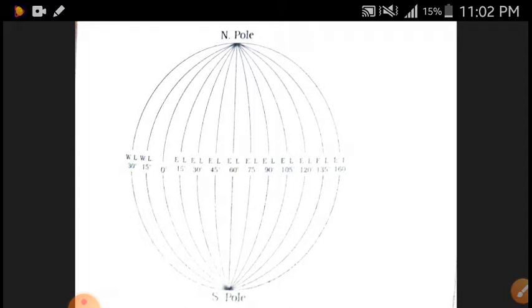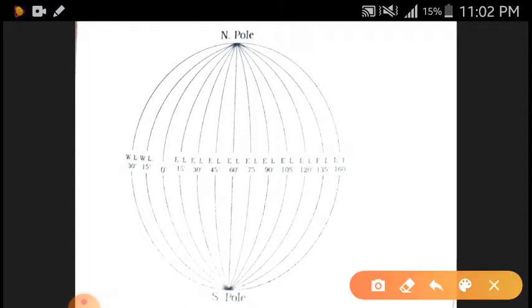There are the North Pole and South Pole in the upper and lower parts of the earth, and the lines run vertically from the North Pole to the South Pole. The different degrees are also mentioned.